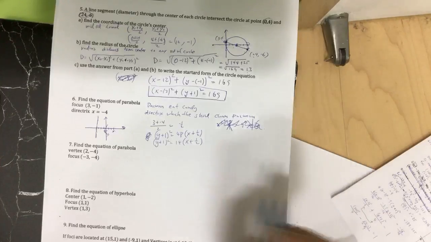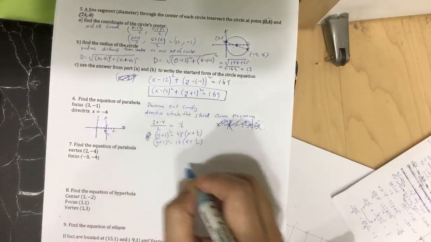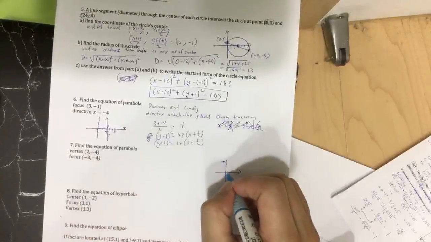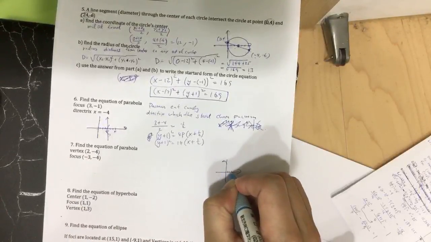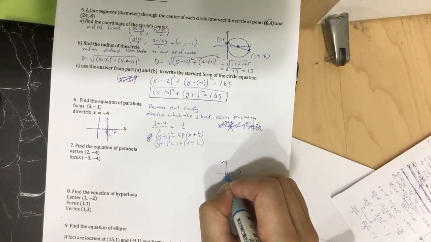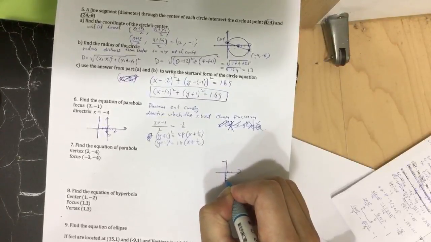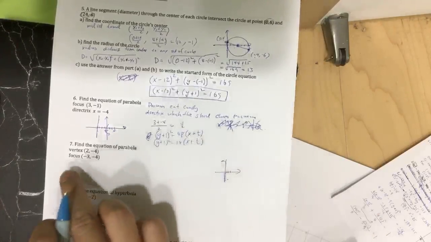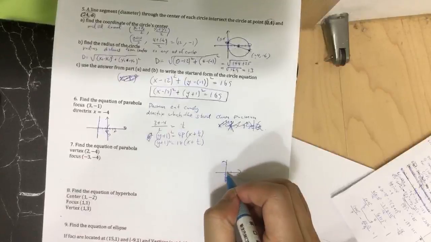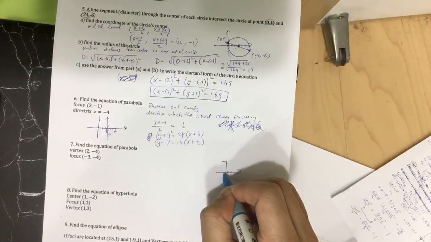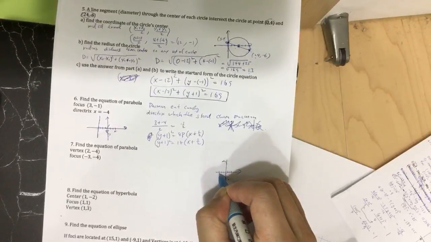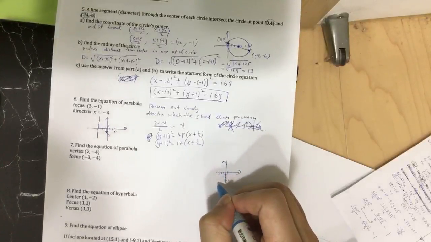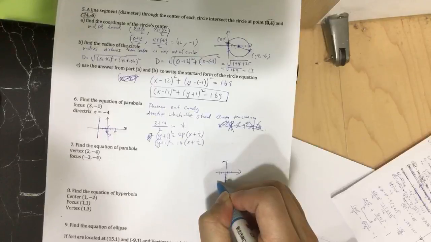Now this is also a parabola, so we're going to draw it. We always draw on the side. The vertex is 2, -4, so it'll be 1, 2, 3, 4, 5. That's my vertex. And -3, -4 is going to be your focus.